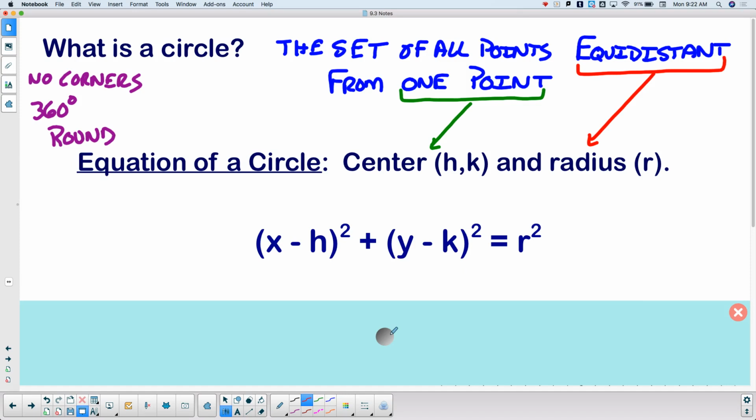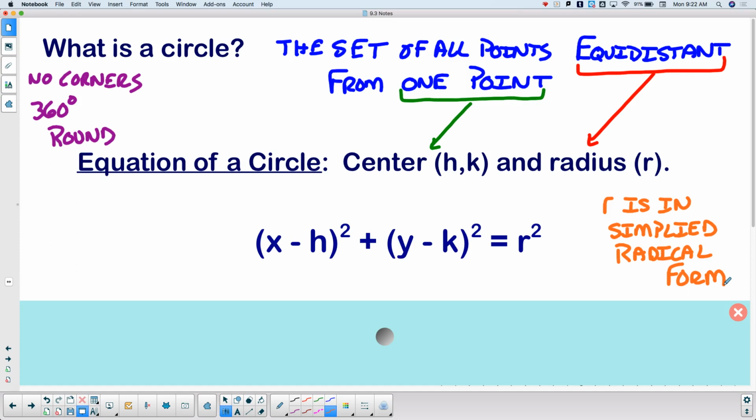So when we have this one, one big caveat is r will be in simplified radical form.